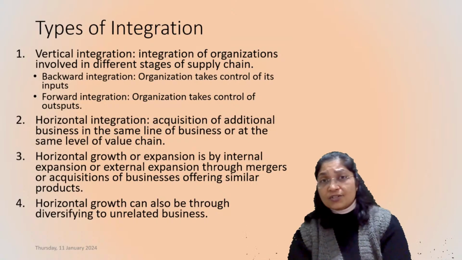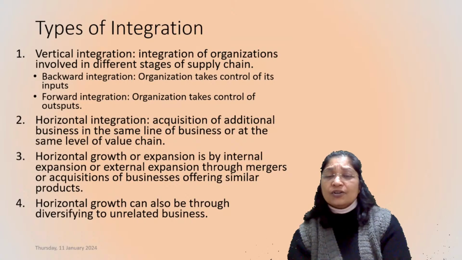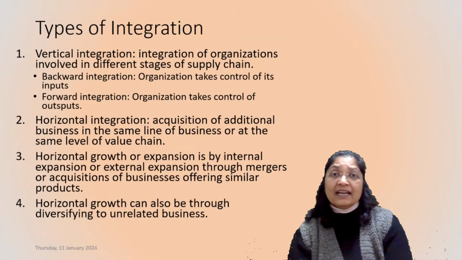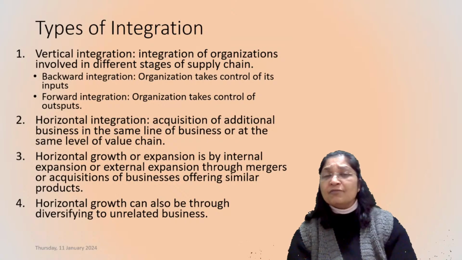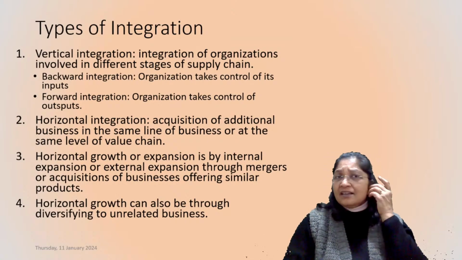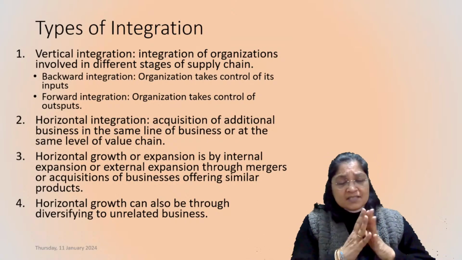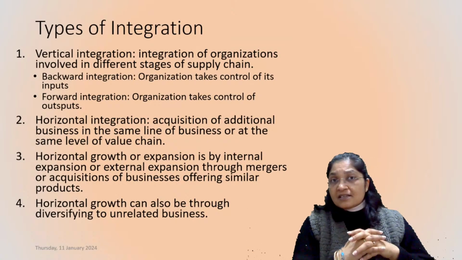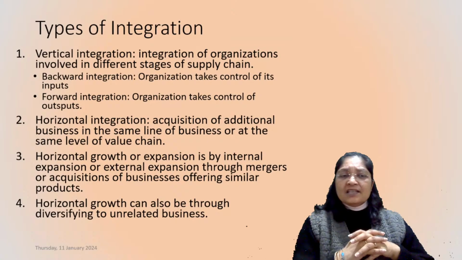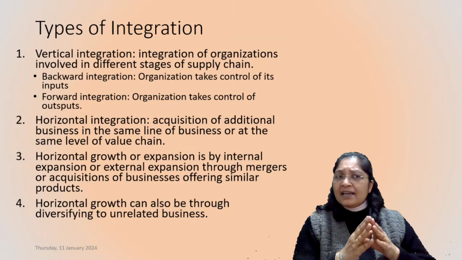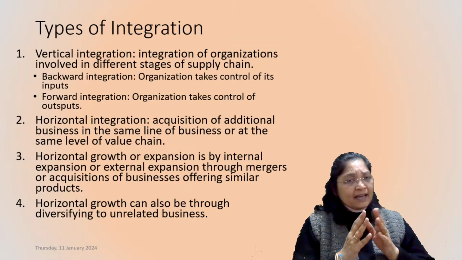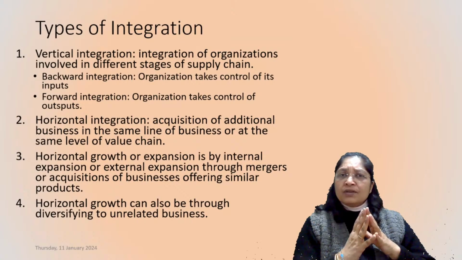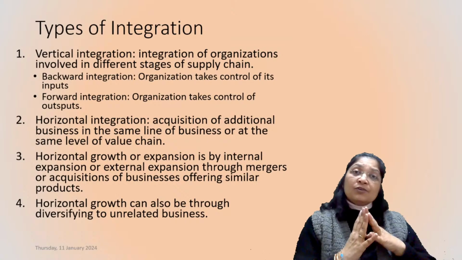Then we have also horizontal integration. What is horizontal? Acquisition of additional businesses in the same industry. In the industry, you see that there are other companies, other businesses which are providing the same or similar products. And maybe they have their factories or manufacturing units in a very strategic position, and maybe they are not able to manage well.